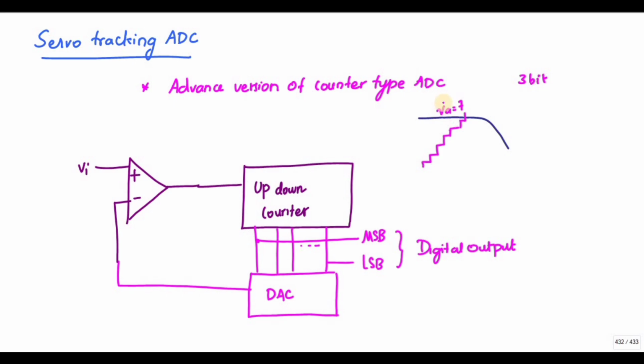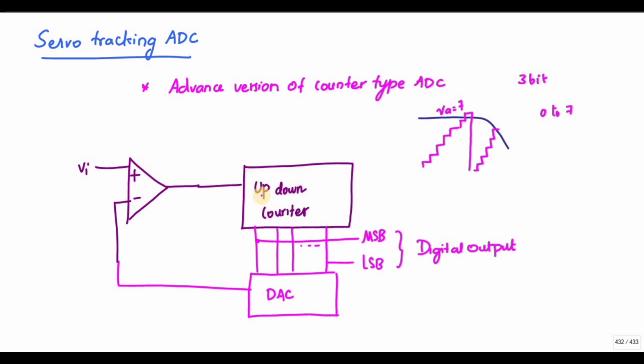Once it reaches 7, it goes back down, since it is a counter, counting from 0 to 7 and then again 0 to 7. So again, to determine this value, it will go like this and tend to track this point. This is the disadvantage of the counter type ADC.